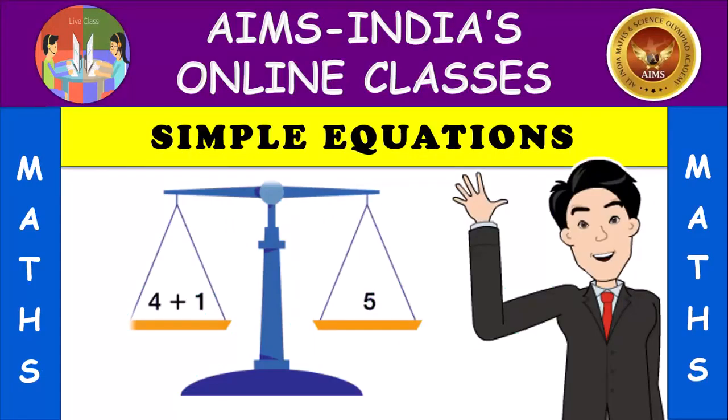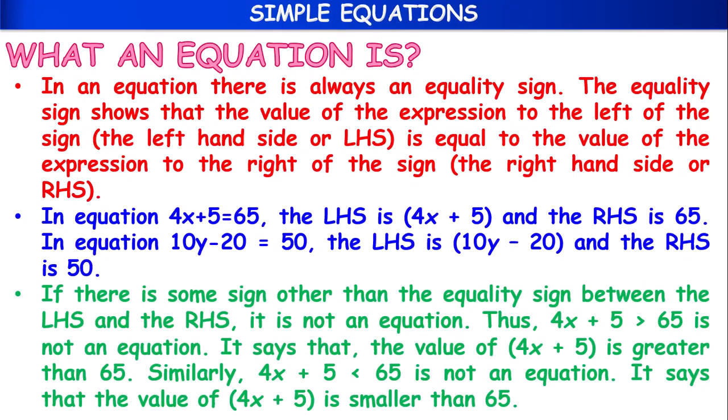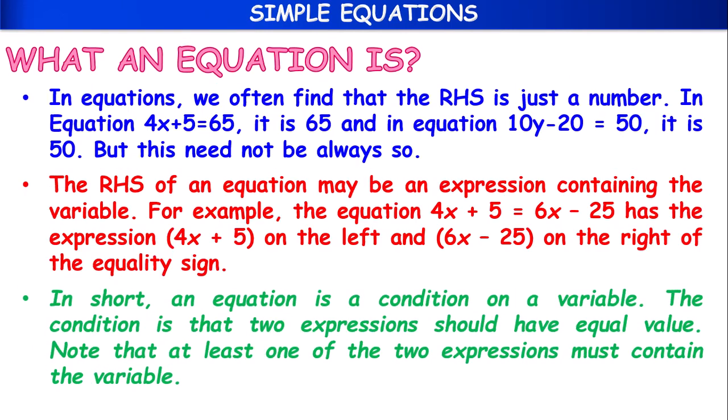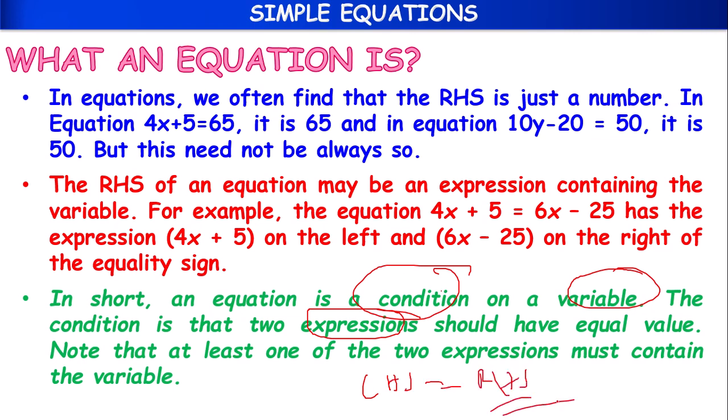Okay, children, what we have learnt? What is an equation? Equation means it's only a condition on a variable. What is the condition? The expression on the left hand side should be equal to the right hand side. That condition is called an equation.